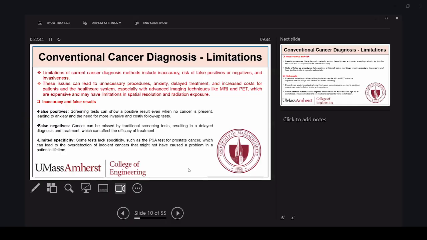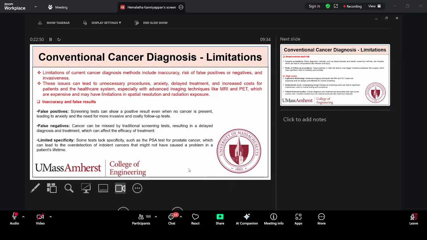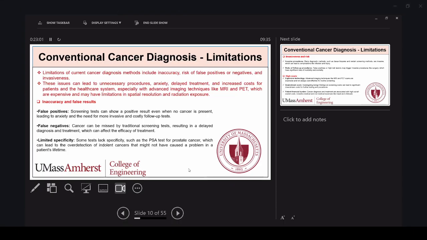And then false negative, where cancer can be missed by traditional screening tests, resulting in delayed diagnosis and treatment, which can affect the efficacy of the treatment, right? And limited specificity. This is one of the most important limitations, because most cancer diagnosis methods lack specificity.